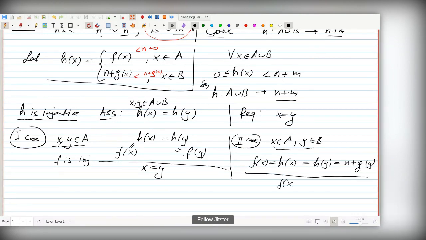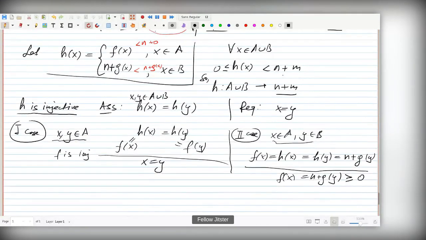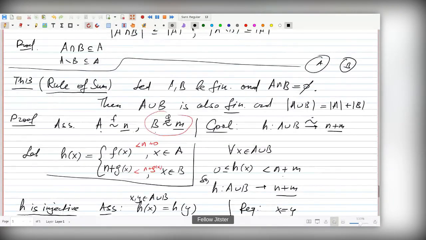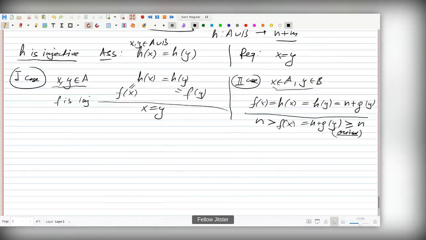So we have that f of x equals n plus g of y, but due to arithmetics, we know that this number is greater or equal than n, while this number is necessarily less than n, because f, after all, is a bijection between A and the set of all numbers less than n.